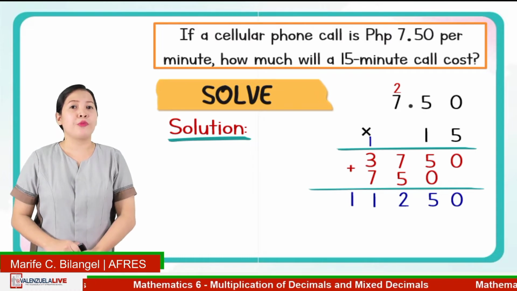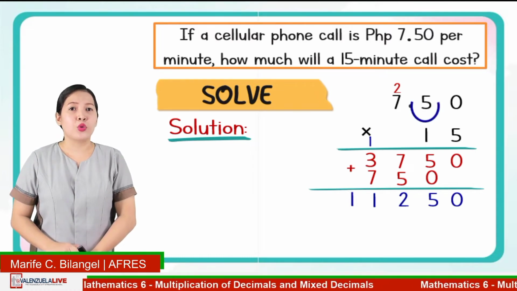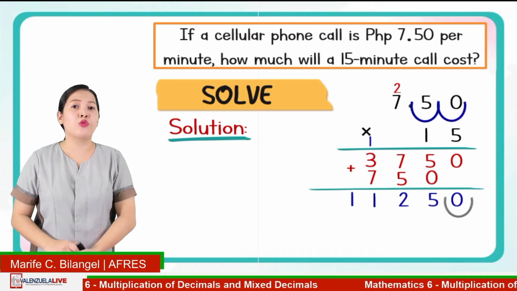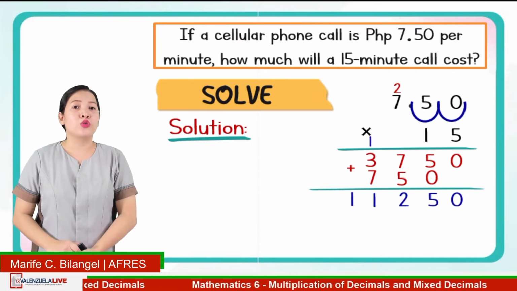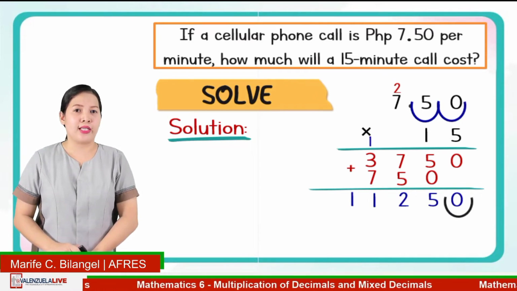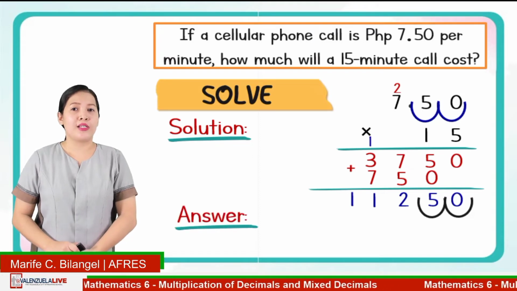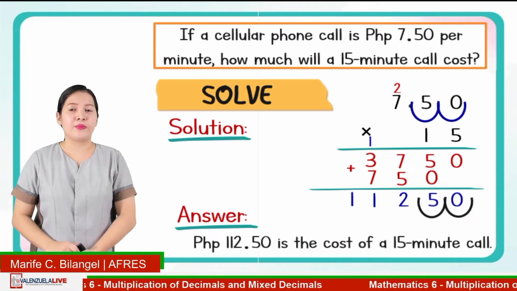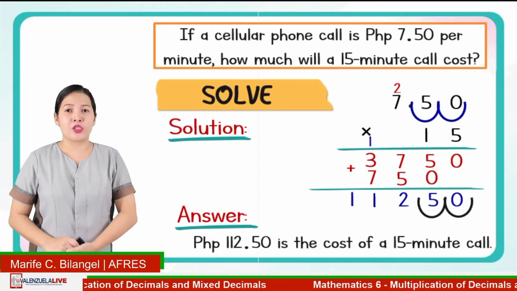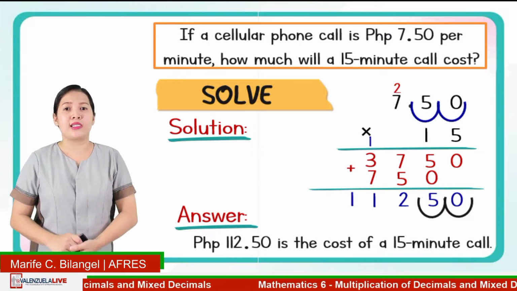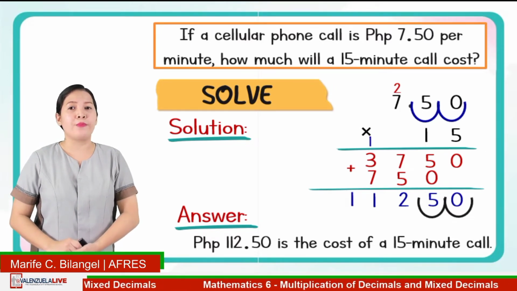So 7.50 has 2 decimal places, so we have to move the decimal point 2 places to the left. So our answer, or the product, is 112 pesos and 50 centavos, which is the cost of a 15-minute call.